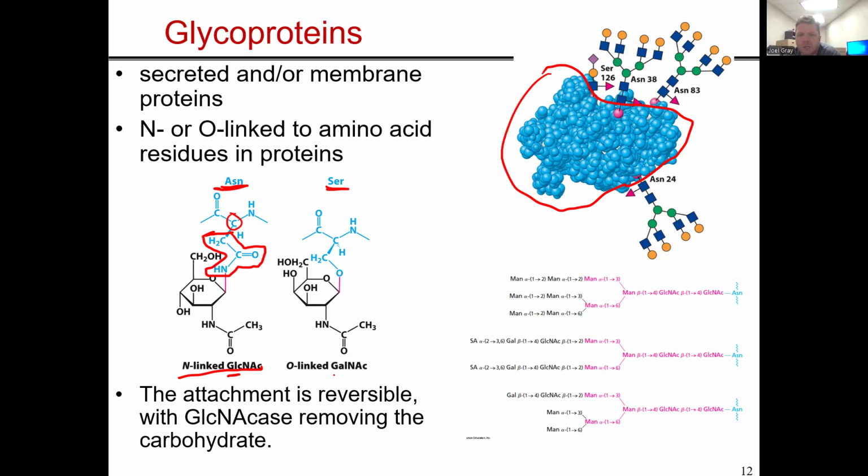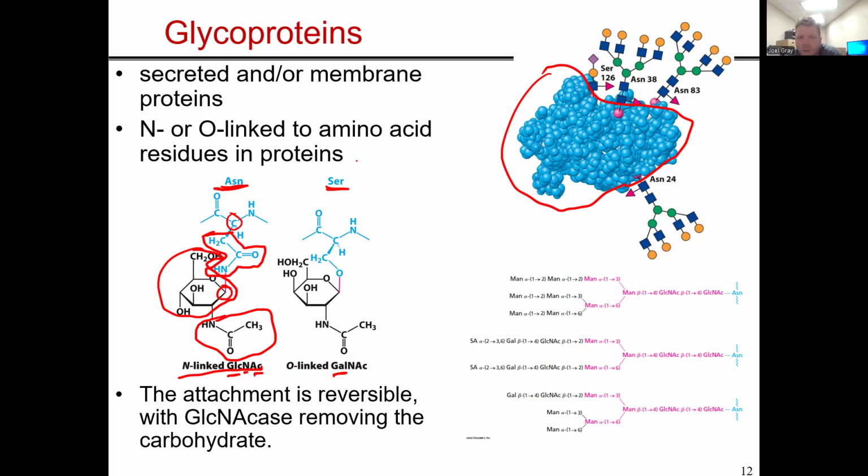You'll notice GLC and GAL are different sugars. GLC is glucose, GAL is galactose. This is my anomeric carbon linked to the nitrogen within my R group. So here is glucose, and to that glucose, we have an N-acetyl group, hence the NAC.